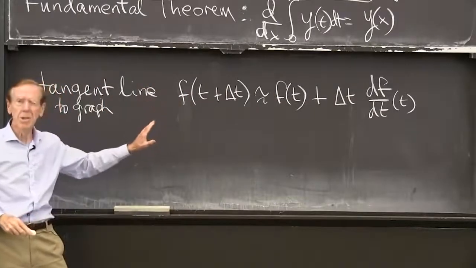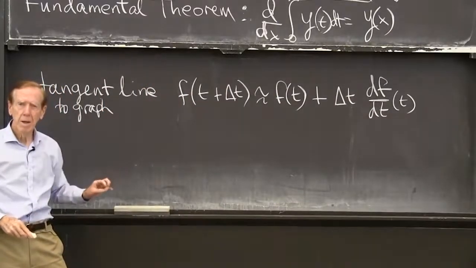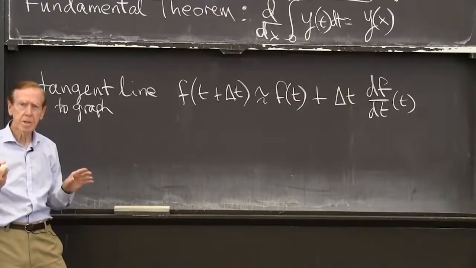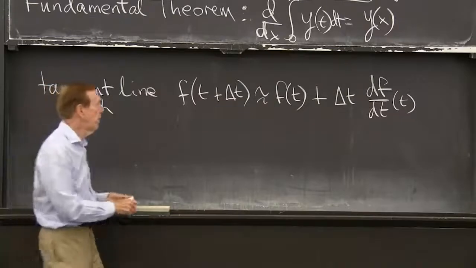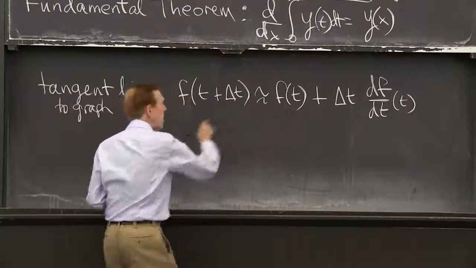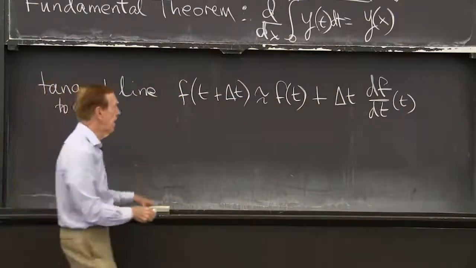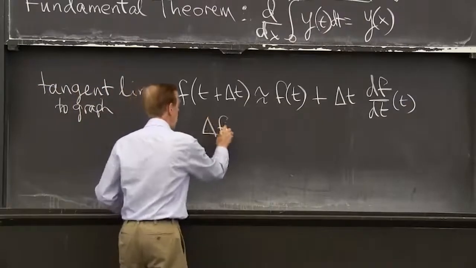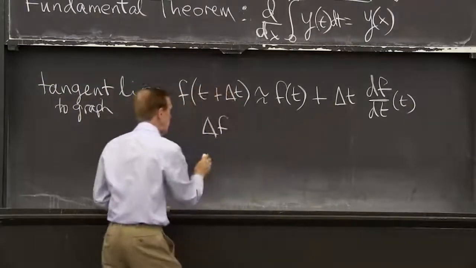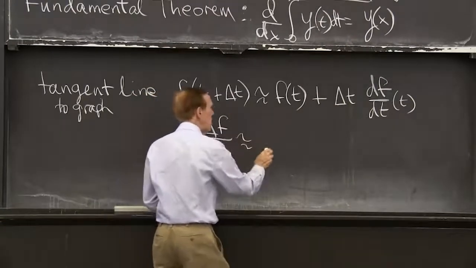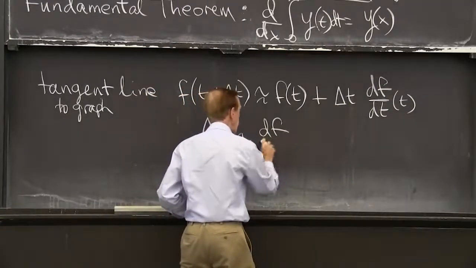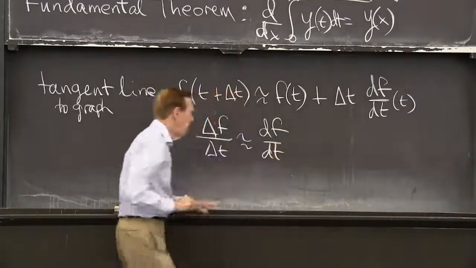There's a lot of symbols on that line, but it expresses the most basic fact of differential calculus. If I put that f of t on this side with a minus sign, then I have delta f. If I divide by that delta t, then the same rule is saying that this is approximately df dt.